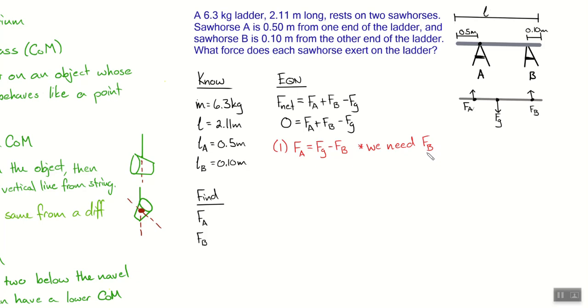Now, this is back to that comment just a moment ago where we talked about thinking about this thing spinning about point A. If this right here is my pivot point, then about point A, I would have B, this force, producing a torque this direction.